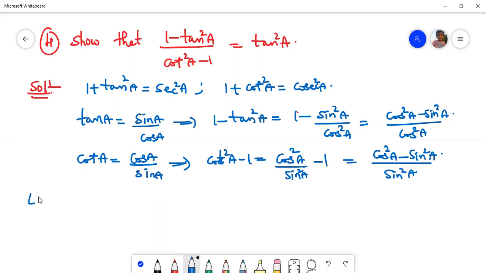Take the LHS equal to 1 minus tan square A by cot square A minus 1.